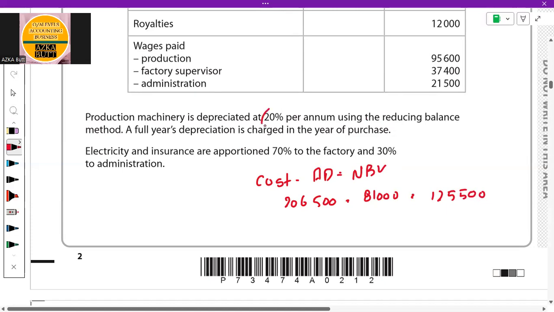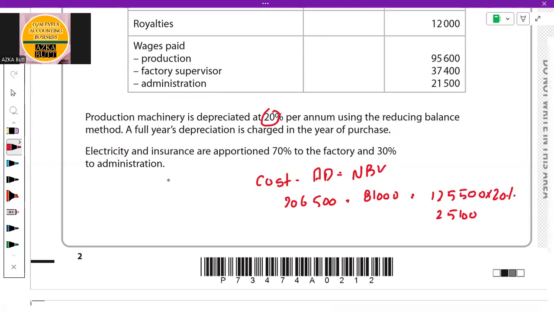Now we have to apply the 20% on this net book value. So 125,500 multiplied by 20% divided by 100. Our depreciation is 25,100. This is our depreciation for this year.